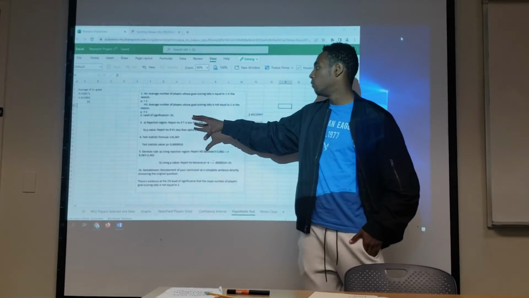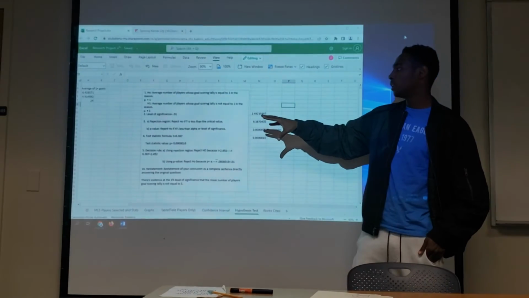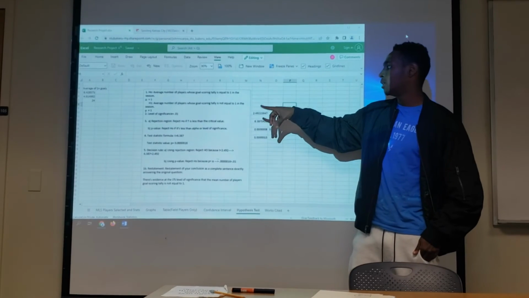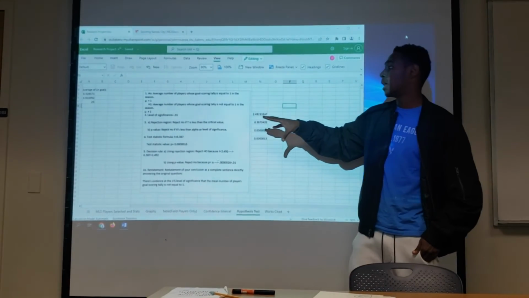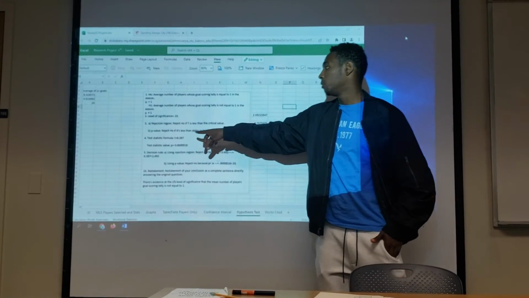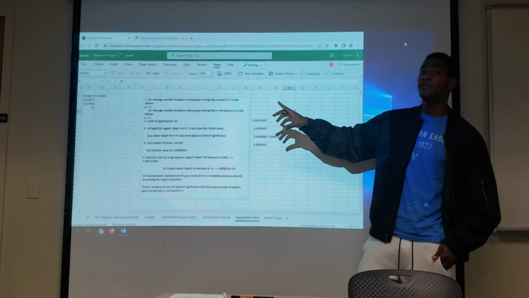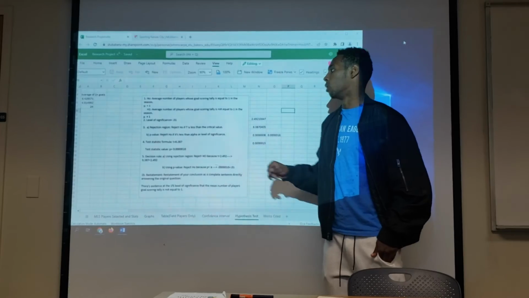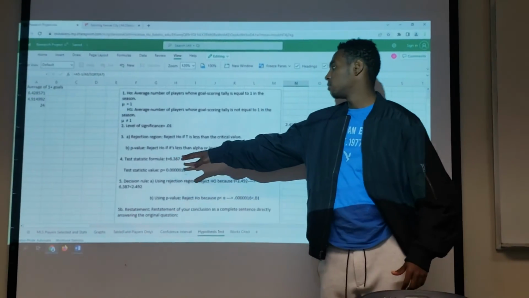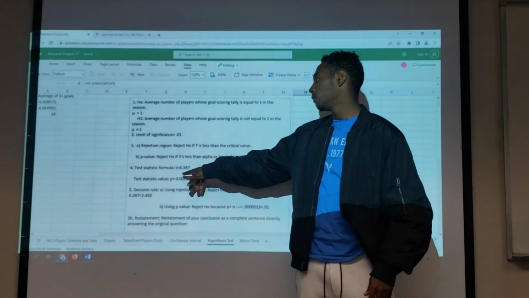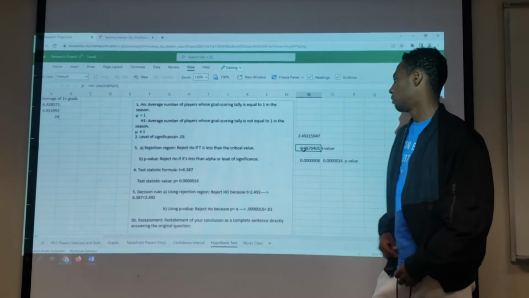Now we have the rejection region, which is basically the rejection of the null if the t-value is less than the critical value. Then we have the p-value, which is basically, the null is rejected if it's less than the alpha, or level of significance, which is 0.1. Next, we run a test statistic formula, which gave us 6.387.